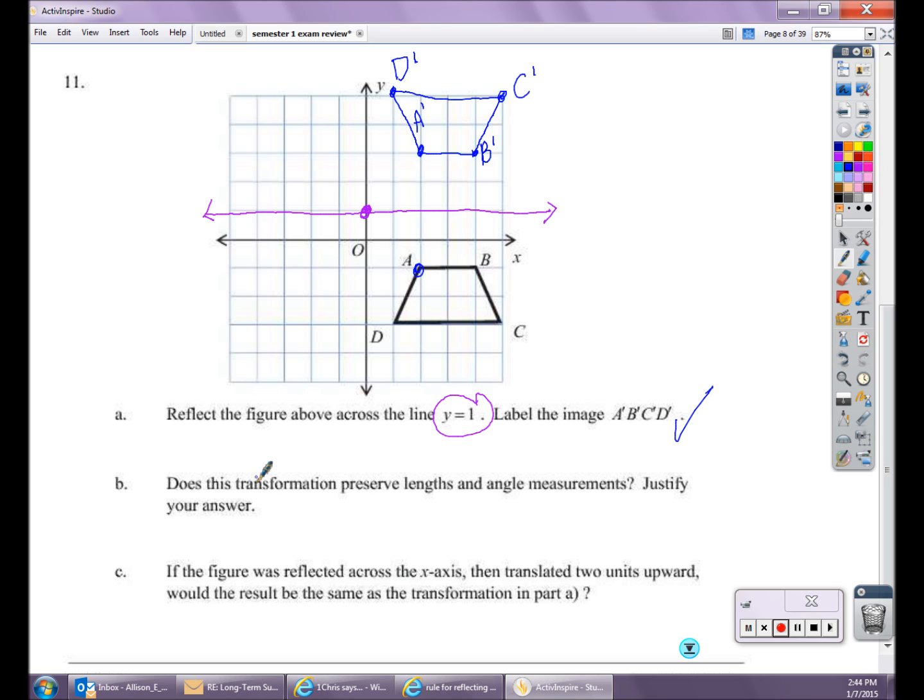All right, part B. Does the transformation preserve? So when you preserve something in the fridge, you keep it the way it is. So does the length and angle stay the same? Yeah, you can see AB is 2, and in this AB, A prime, B prime, it's 2. Angles look the same to me, so yes.